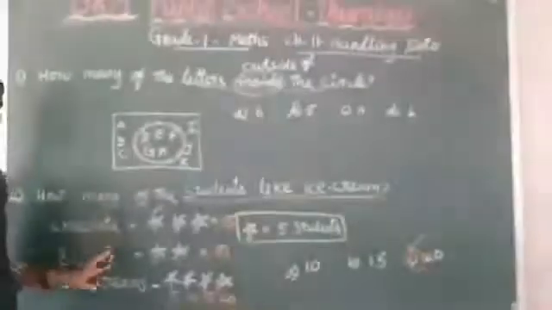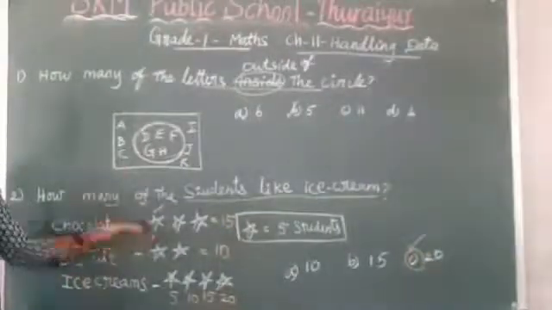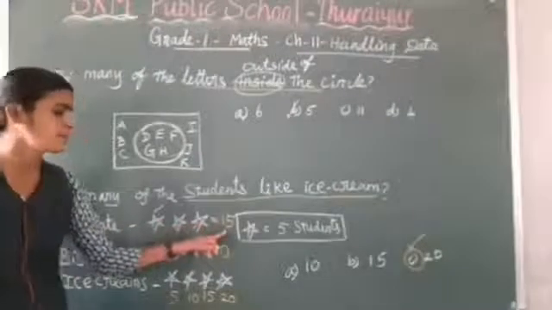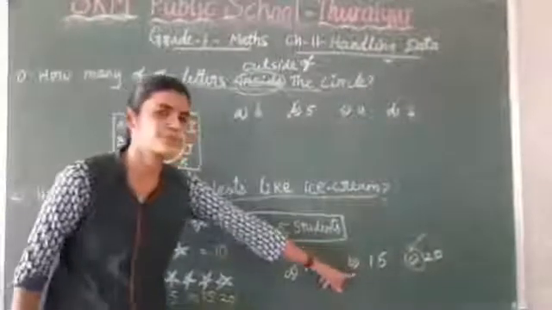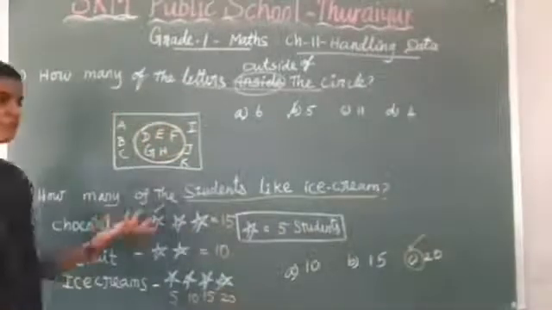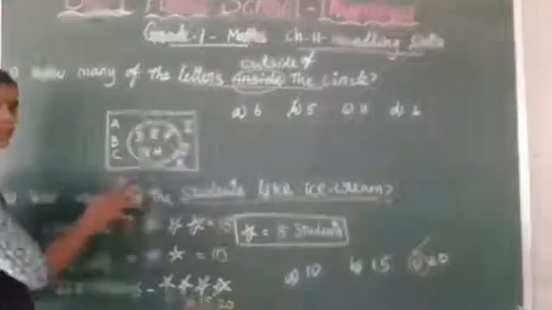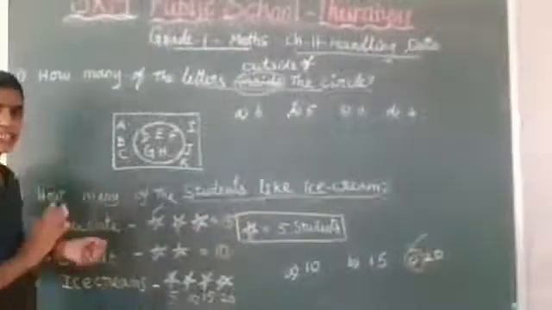Suppose they are asking how many students like chocolate? That means 15. Okay, then one more type of question they may ask: how many of the students like both chocolate and biscuit?